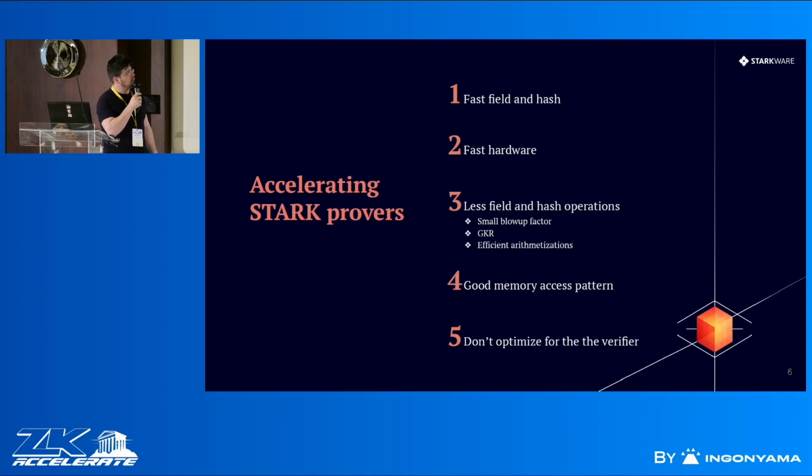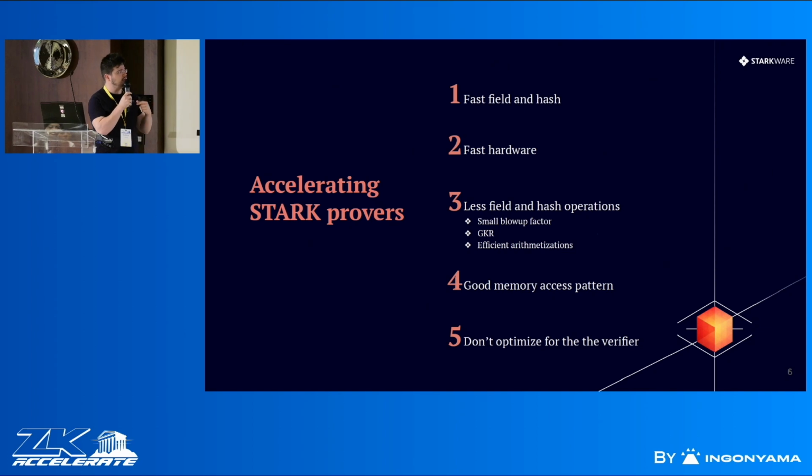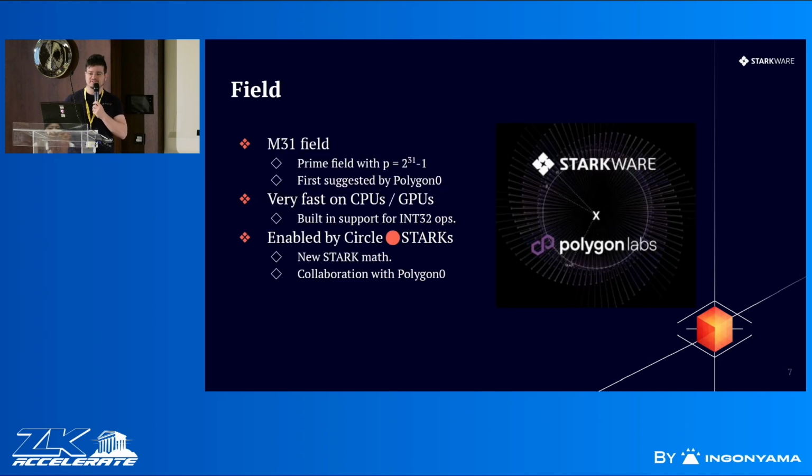We want math tweaks to perform fewer field operations and hash operations overall. We can do it using simple tweaks like a small blow-up factor, which is a trade-off between the prover and verifier. And again, we want the prover to be as fast as possible. All kinds of new algorithms like GKR, and we want efficient circuits, very small circuits and arithmetizations, and good memory access on the hardware. And we don't optimize for the verifier, I said it a few times.